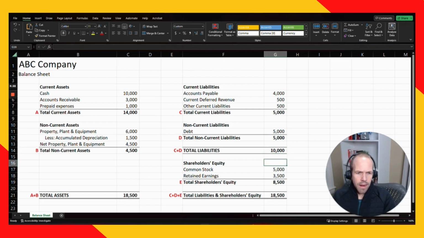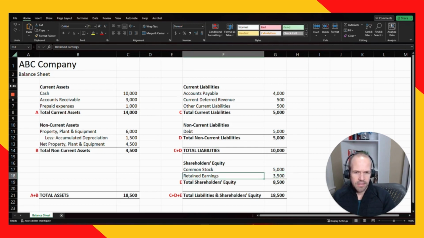And then the balancing item here to get everything to balance is the shareholders' equity. That would be common stock. In this case, $5,000 was used to fund the business at the start, in exchange for shares in the business. And retained earnings, which is basically all of the profits that the business has made since inception, is the last balancing item.